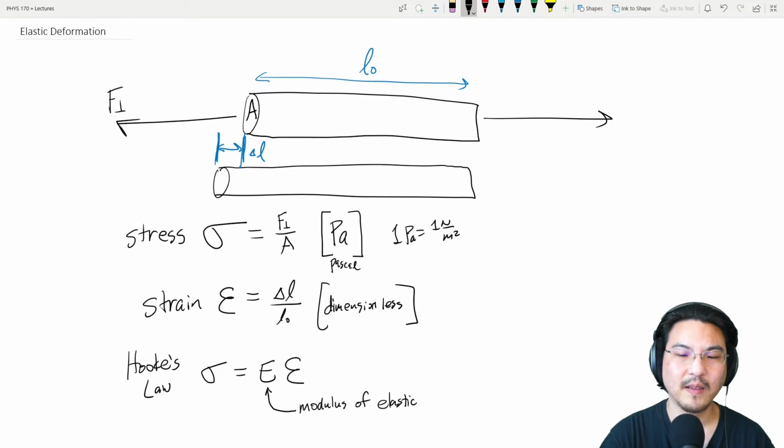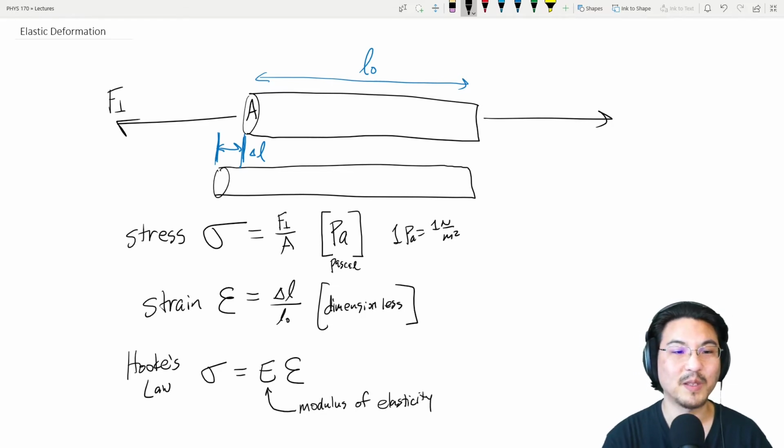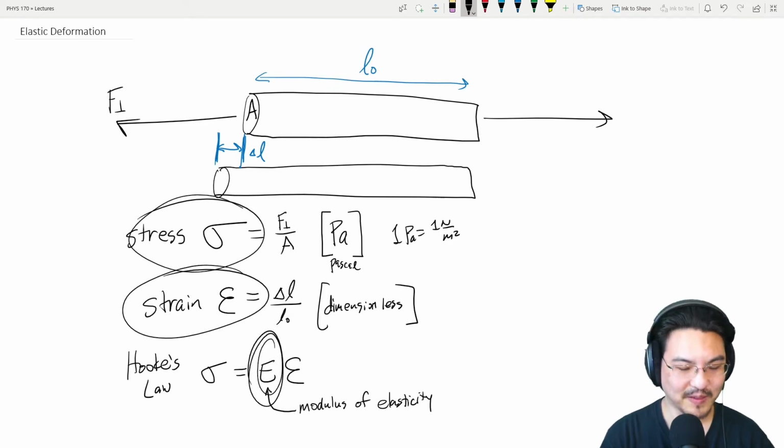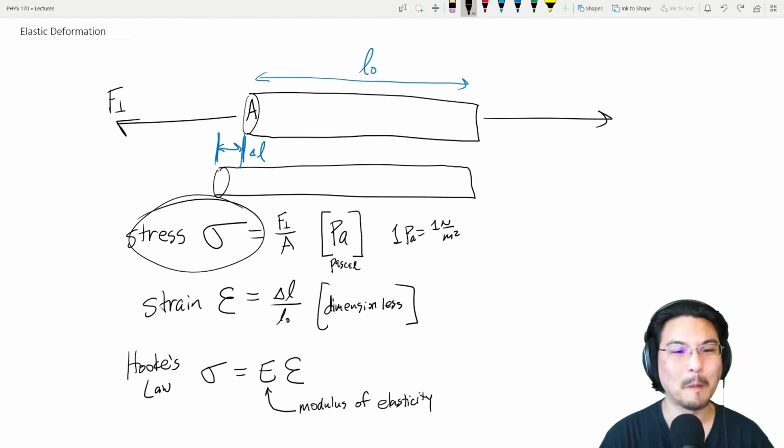And there are different types of stress, like I was saying: tension, compression, you could bend, you could twist in torsion, etc. So there are all different types of stress, all different types of strain, all different types of modulus of elasticity, moduli of elasticity.